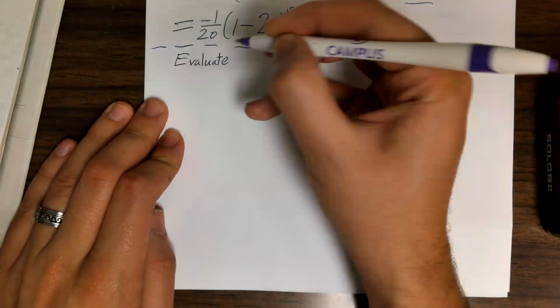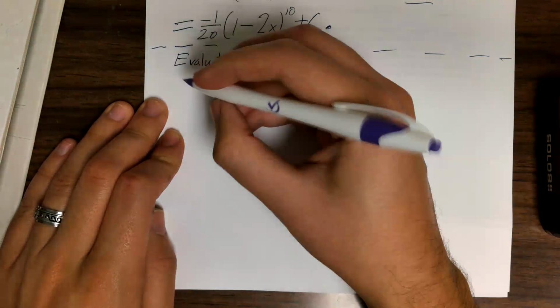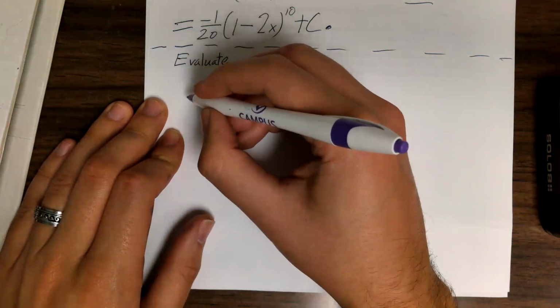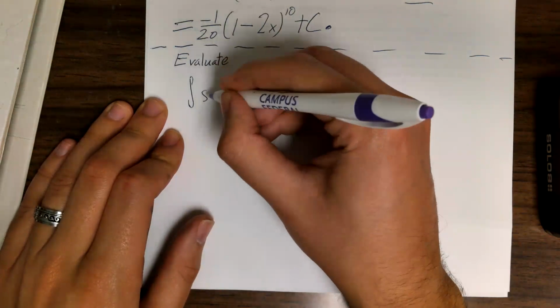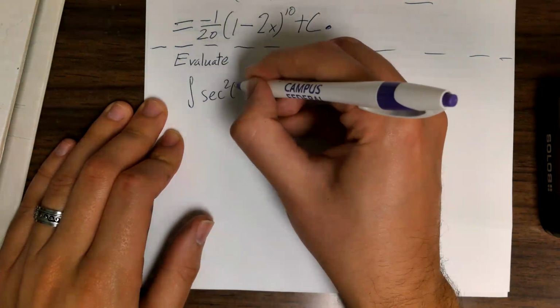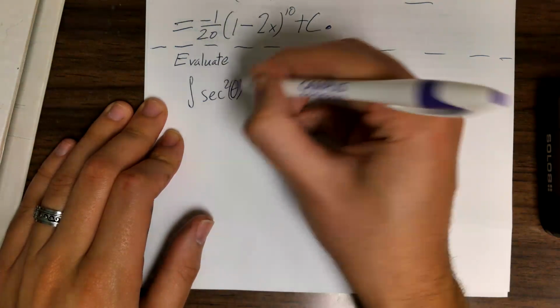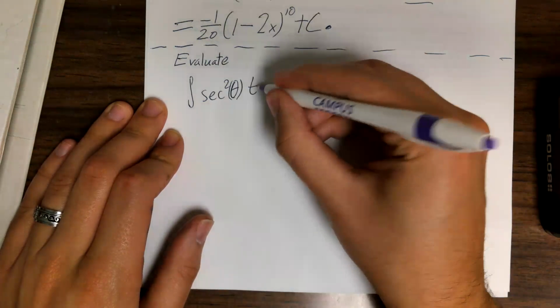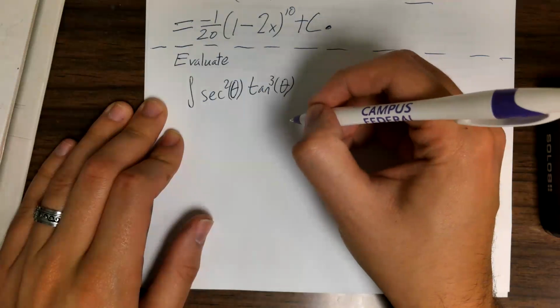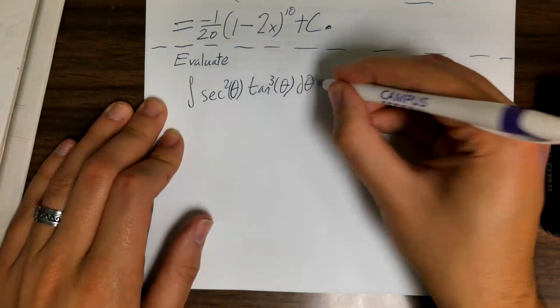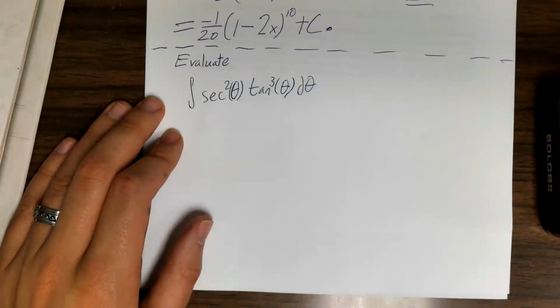So let's evaluate the following indefinite integral. I'm going to take a secant squared of theta, a tangent cubed of theta, and integrate it with respect to theta.